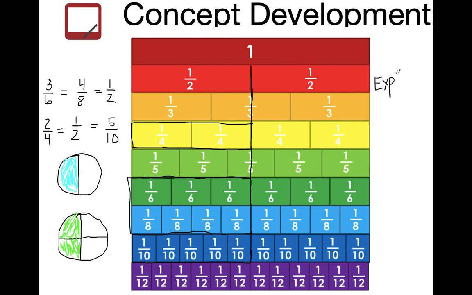What do you notice? I want you to explain what you notice about all of the denominators of these numbers that are equivalent to 1/2. So if I were to write them all down, we have 1/2, then 2/4, then 3/6, then 4/8, and lastly 5/10.